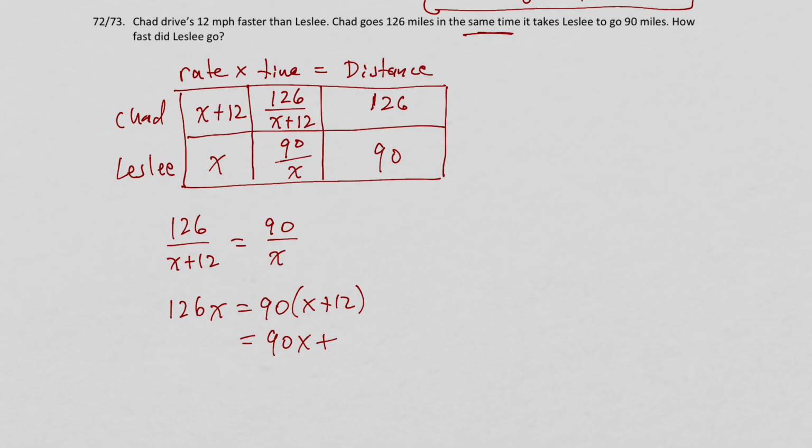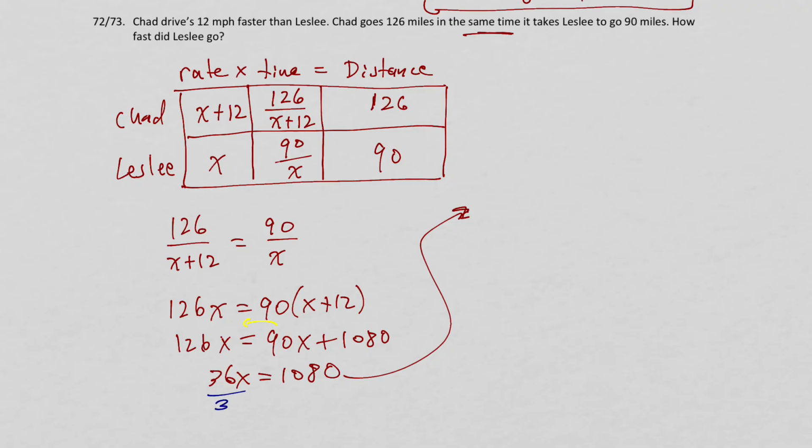And I'm just going to grab a calculator. 90 times 12 is 1080. And I'll bring the 90 over to the left by subtracting it. And 126 minus 90 is 36. And then I'll divide each side by 36.